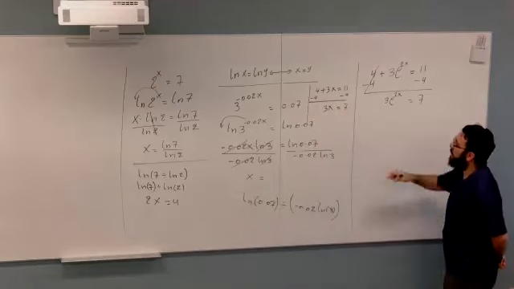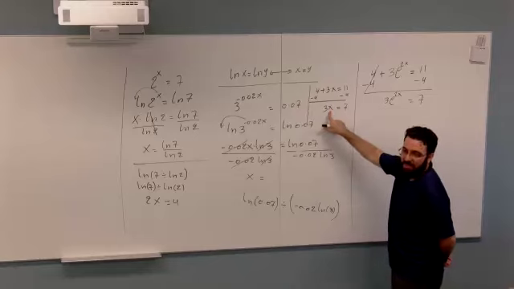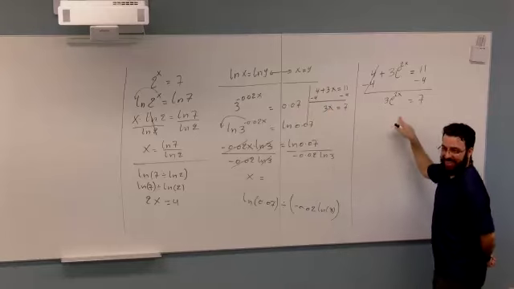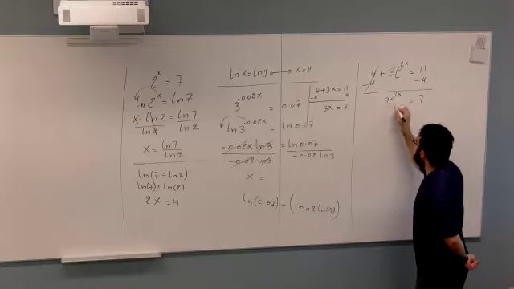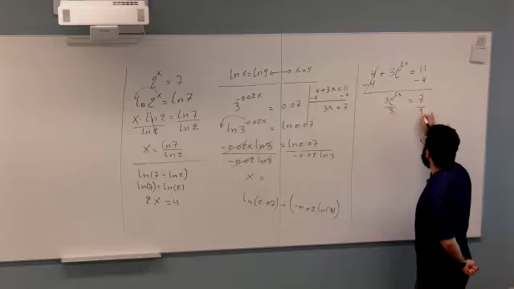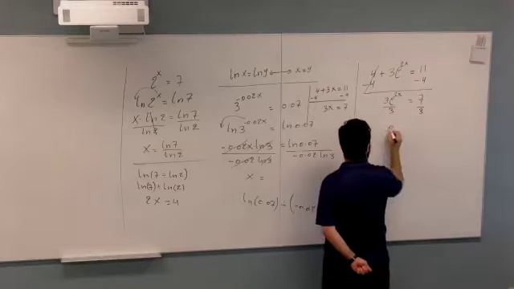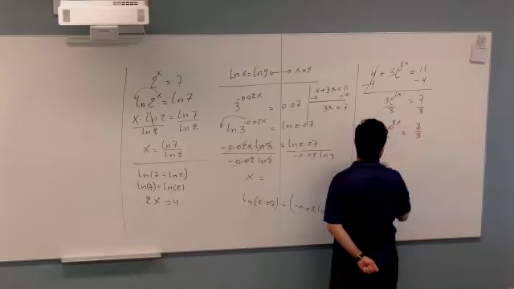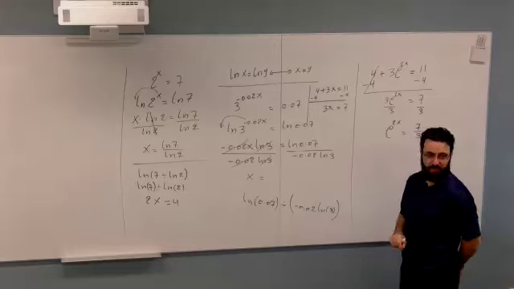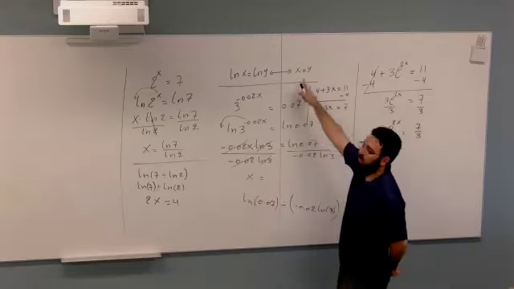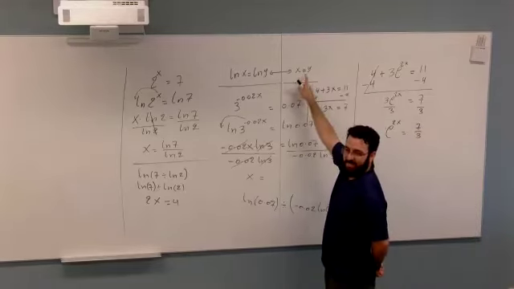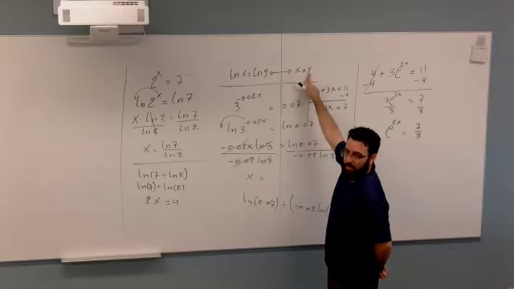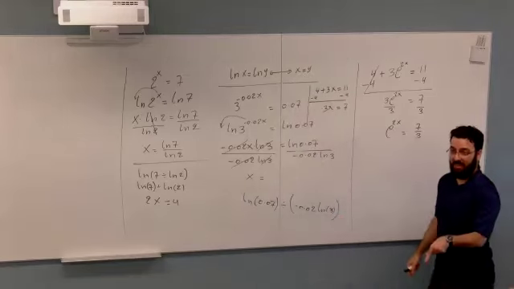Now, what's the next step if you need to solve this one? Divide by 3. Can I do the same thing here? So if you say divide by 3, what's left? e to the 2x equals what? 7 over 3. Yes or no? Now, can I use this rule? Don't worry about the e.